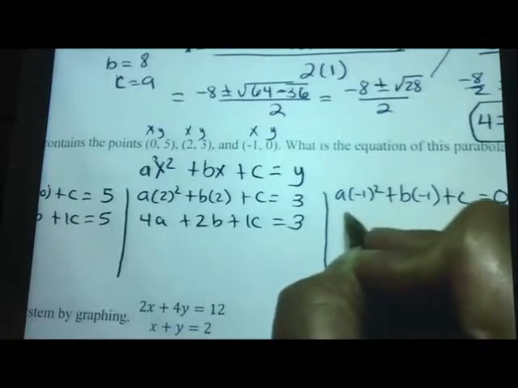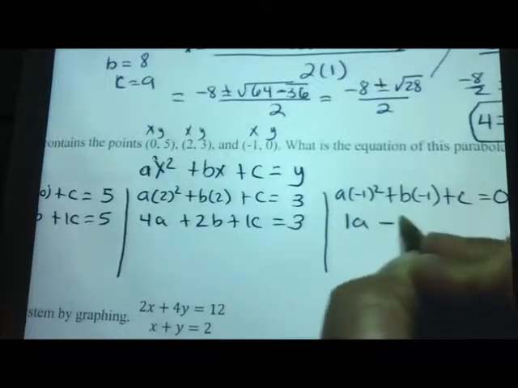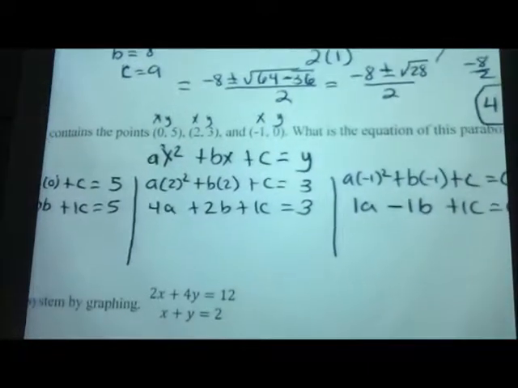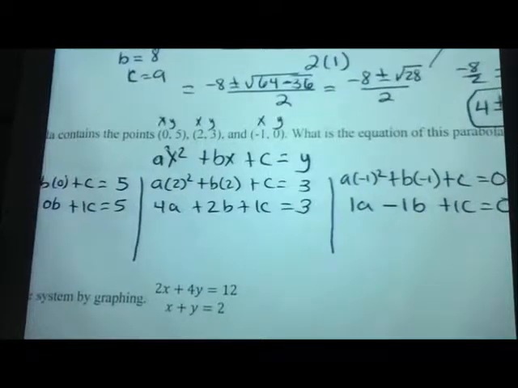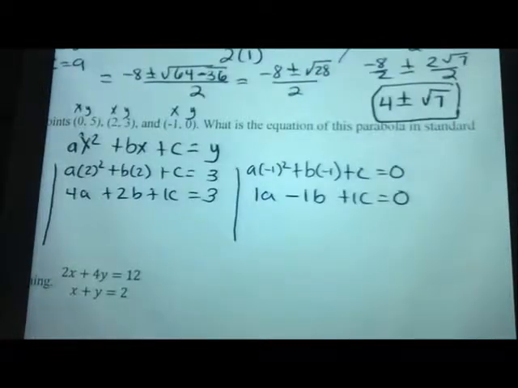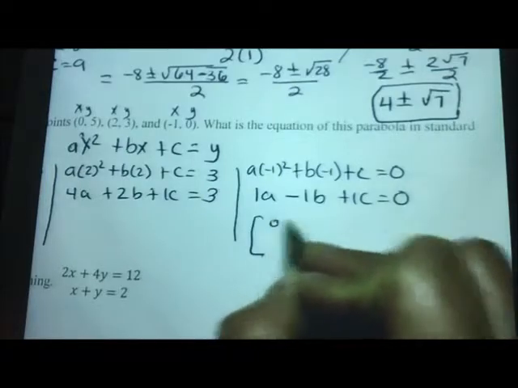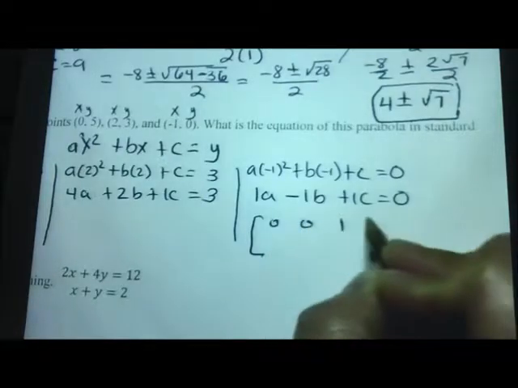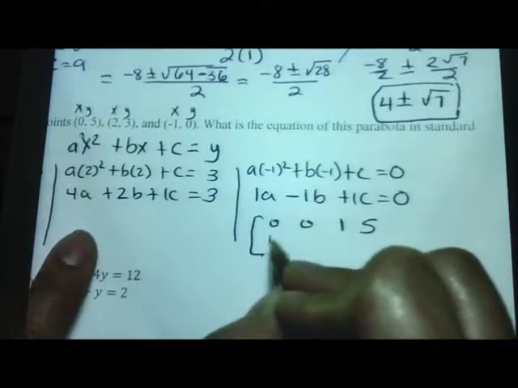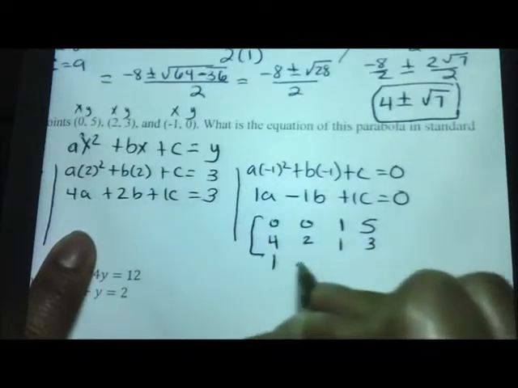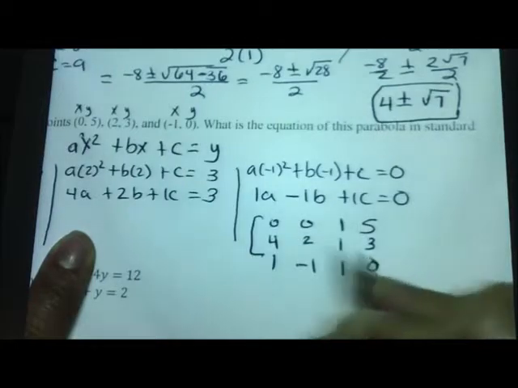Negative 1 times a negative 1 is 1a. This becomes negative 1b, plus 1c is equal to 0. Now, please remember that all these, let me move this over, we make it into a matrix, and it would be for the first one 0, 0, 1, 5, 4, 2, 1, 3, 1, negative 1, 1, 0.